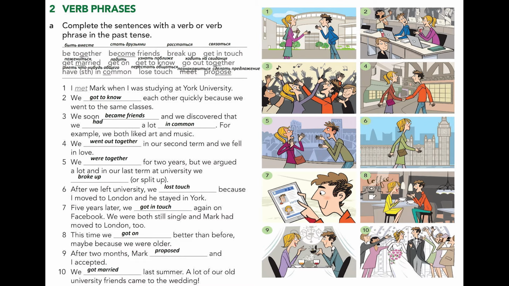We were both still single, and Mark had moved to London too. 8. This time we got on better than before, maybe because we were older. 9. After 2 months, Mark proposed, and I accepted. 10. We got married last summer. A lot of our old university friends came to the wedding.